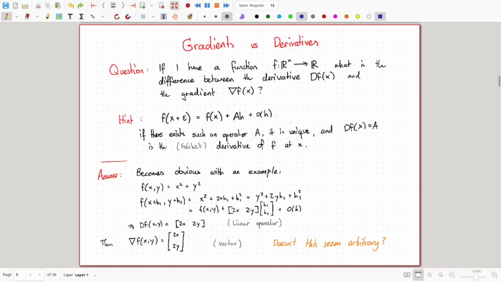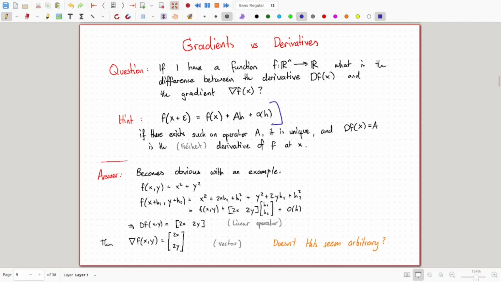So the answer to this question, the difference between the gradient and the derivative, is more obvious when you see a concrete example. So let's just work through finding the gradient and the derivative of this function, f of x, y equals x squared plus y squared.